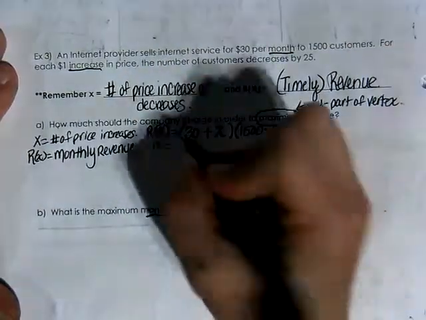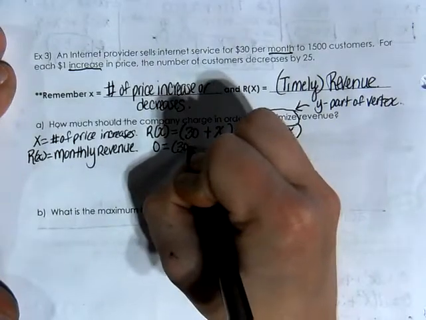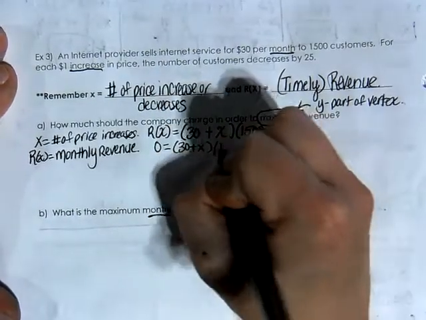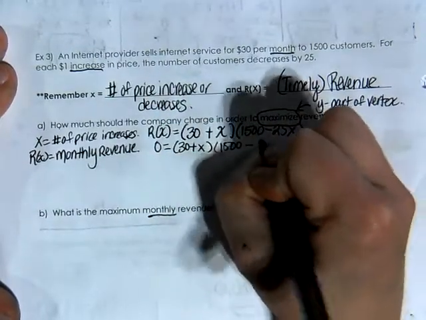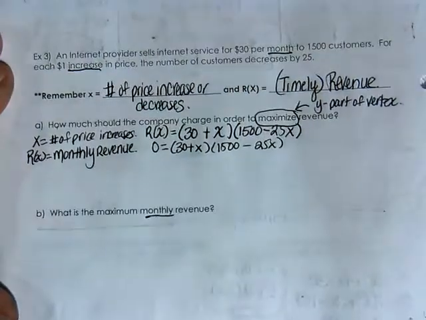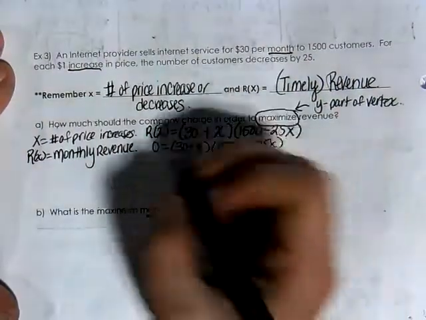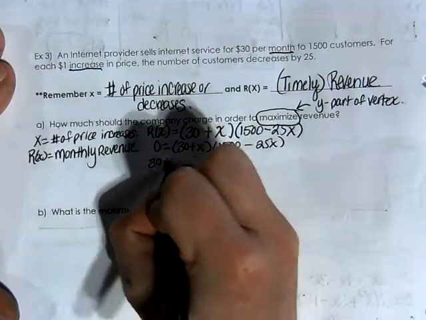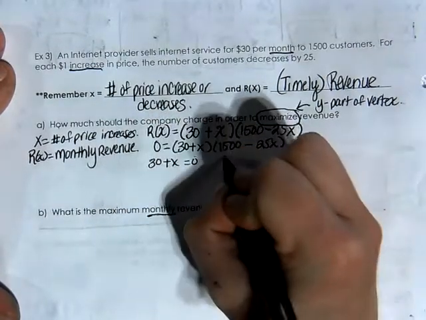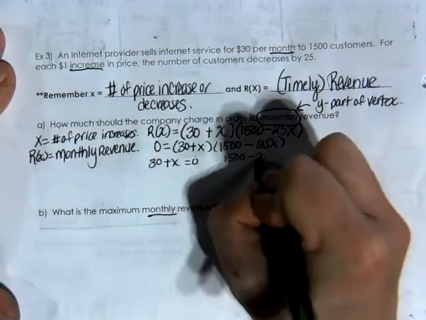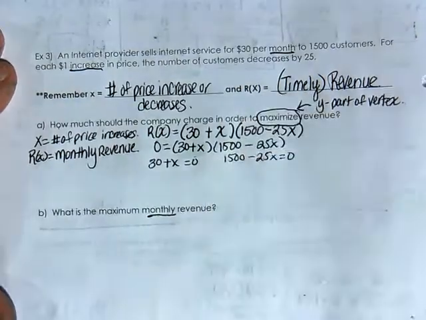So I'm going to make this equation equal 0, and I'm going to rewrite it as 30 plus x times 1,500 minus 25x. And because we're finding zeros, I'm going to set each parenthesis equal to 0. 30 plus x equals 0, and 1,500 minus 25x equals 0.